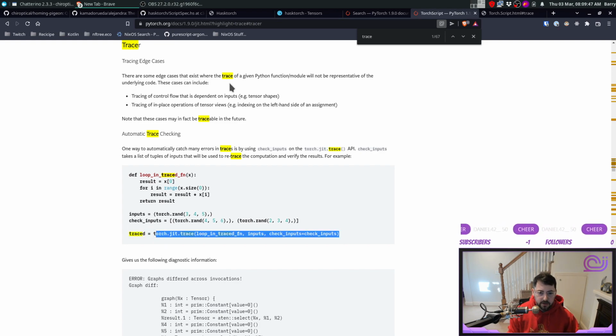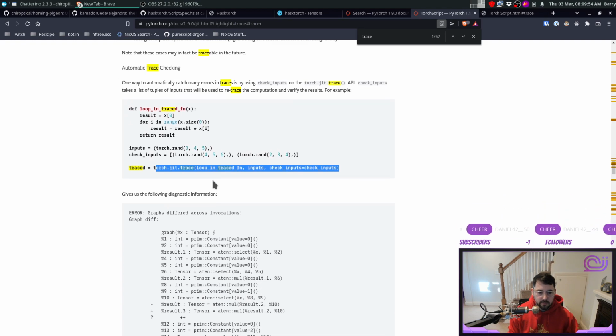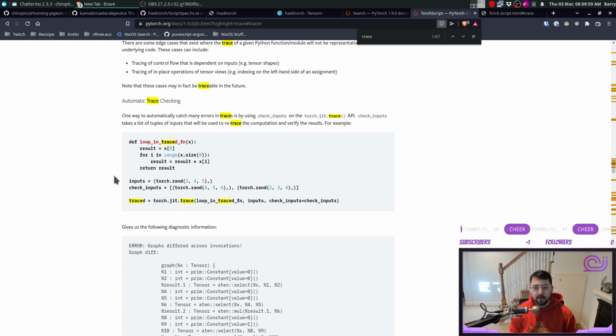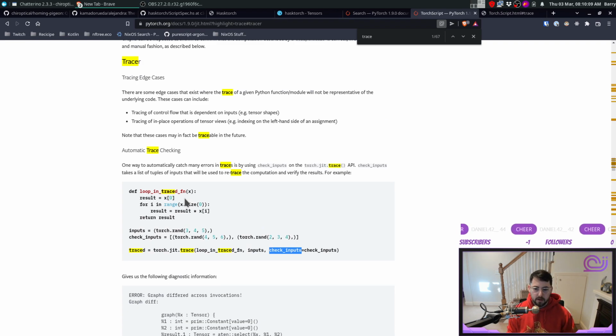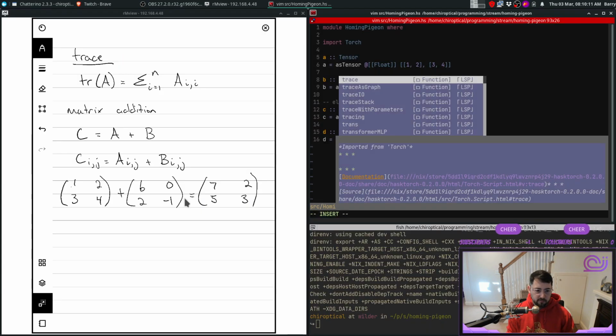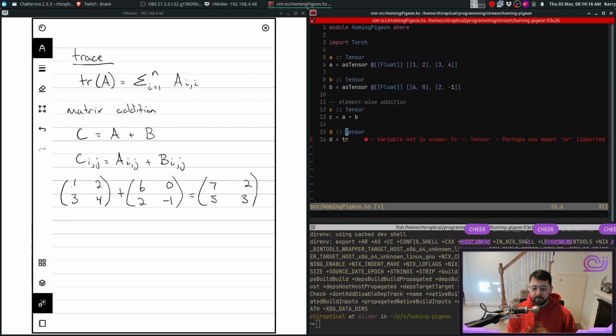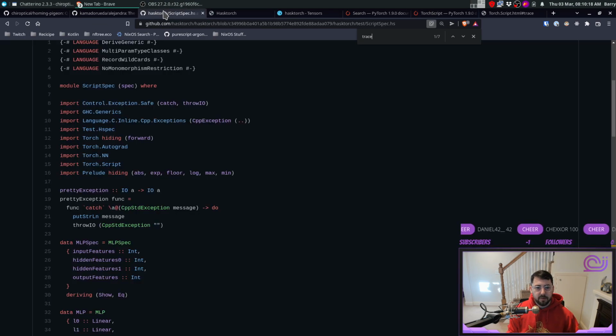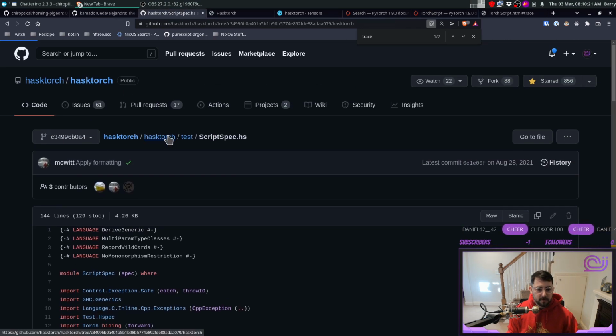There are some edge cases where the trace of given will not represent the underlying code. Okay, so this trace is different than the trace I'm expecting. That's why this is confusing. It takes whatever these are. But that's not what we're looking for. We're looking for the actual matrix trace, which could be straight up in tensor or something.